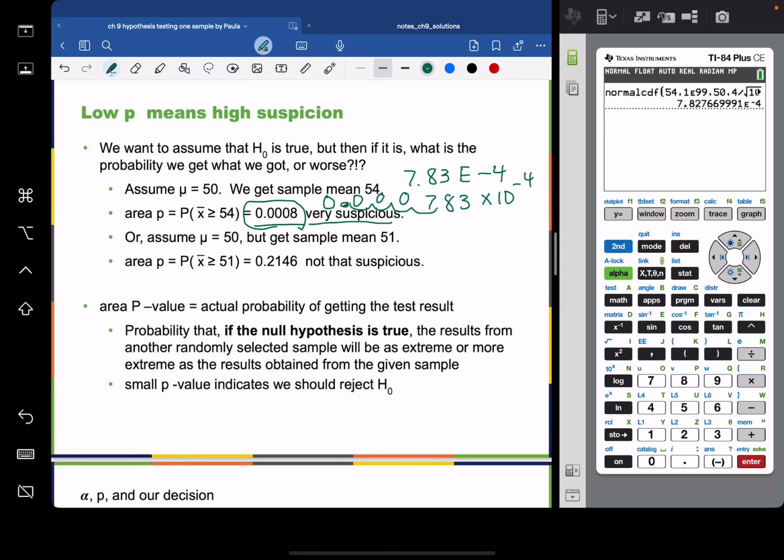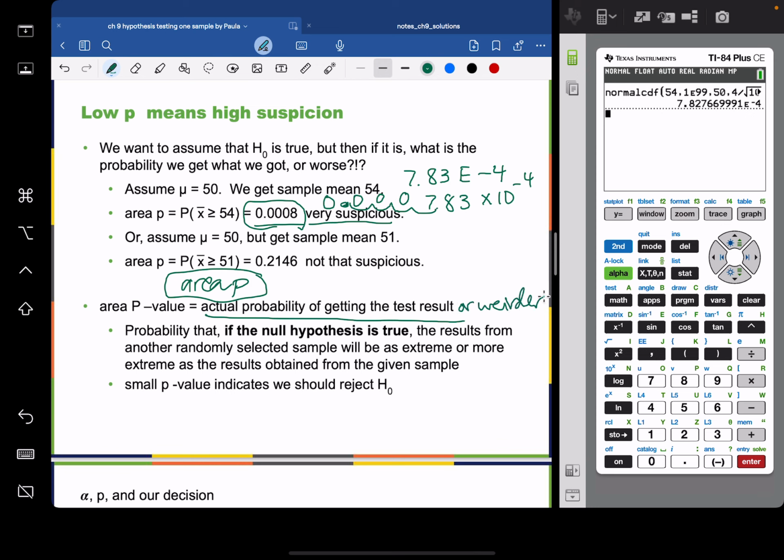Or we could assume that mu is 50 and we got a sample mean of 51. That's not that suspicious. So the area P value, and the reason I'm calling it an area P is because there's too many P's in this class already, and now we're dropping a new P, so I just call it the area P. The area P is the probability of getting the test result or weirder.